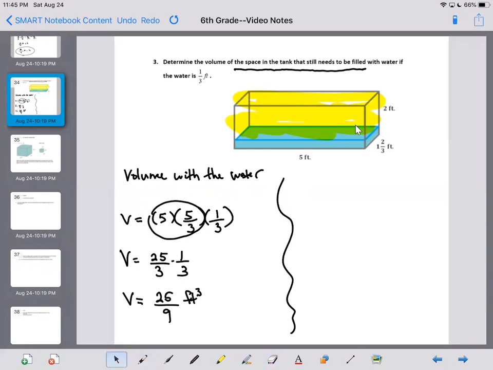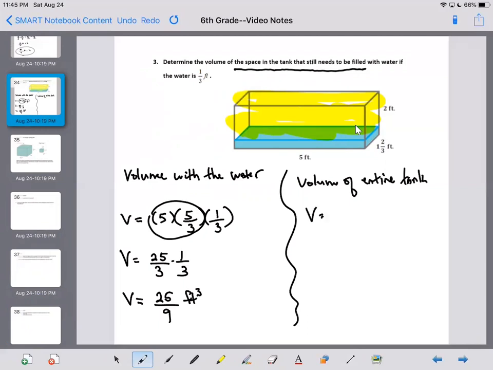So now what we can do is we can find the volume of the entire tank. And so the entire tank would be 5 times 5 thirds times 2.